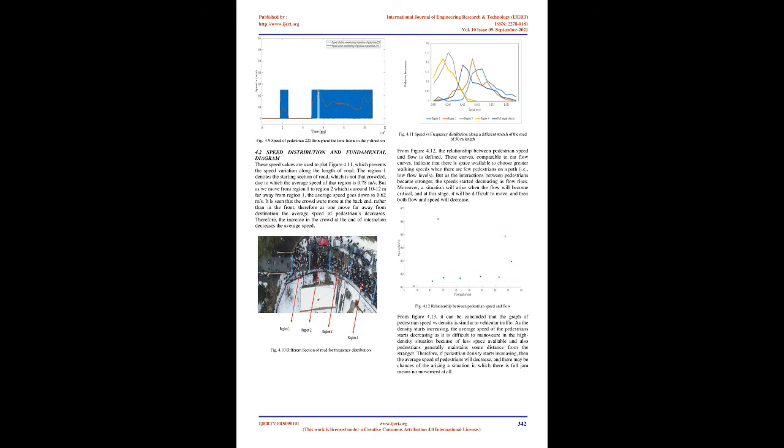Desired speed. Pedestrians' desired speed is influenced by many factors. Surrounding density: as the surrounding density increases, the pedestrian's desired speed will decline. Pedestrian characteristics: gender, age, luggage, and actionability affect the pedestrian's desired speed.